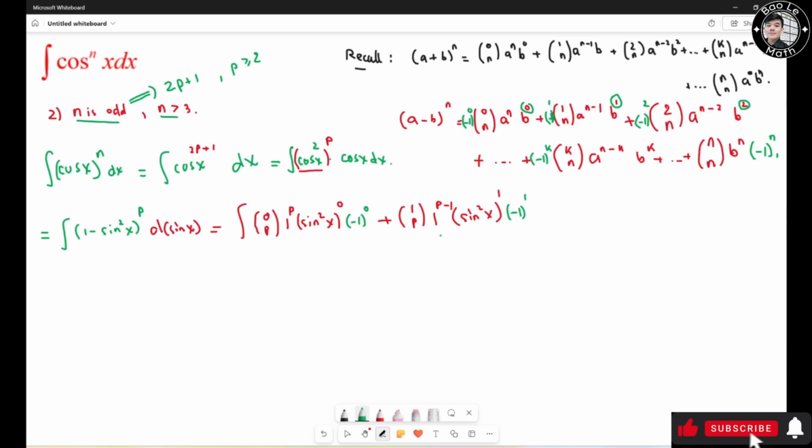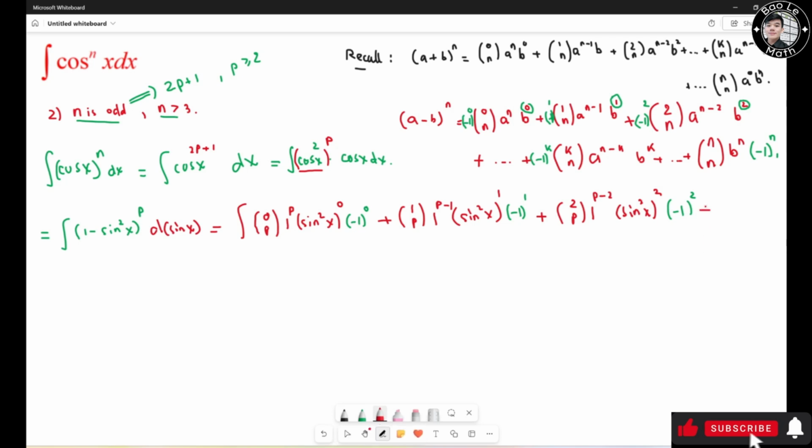Alright, plus the combination of 2, p, 1 raised to the power of p minus 2, sine square of s raised to the power of 2, times negative 1 raised to the power of 2, right?